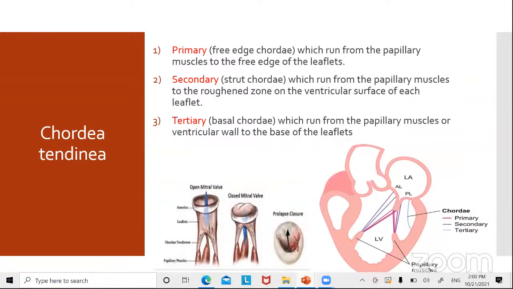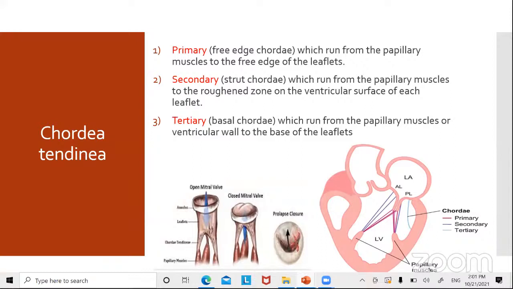The chordae are a thin web-like fibrous structure, primarily responsible for the end-systolic position of the anterior and posterior leaflets. They arise from the papillary muscle. They are classified according to their site of insertion between the free margin and the base of the leaflet. So primary, which are inserted on the free margin of the leaflet and function to prevent prolapse of the leaflet.